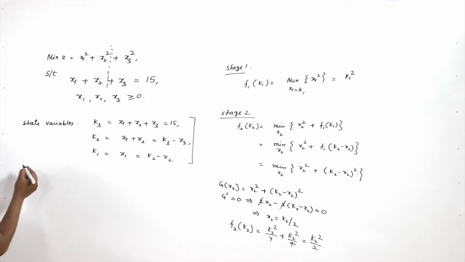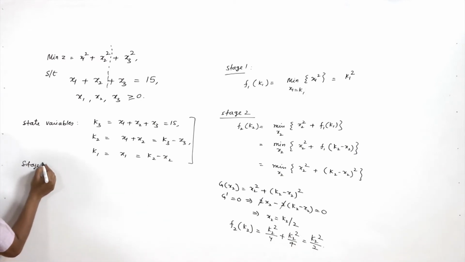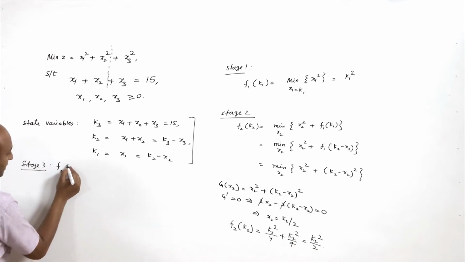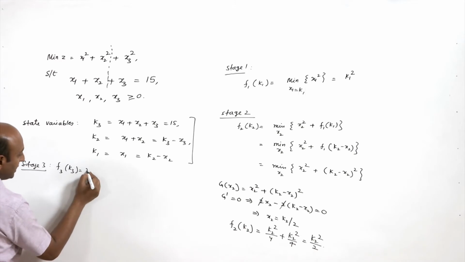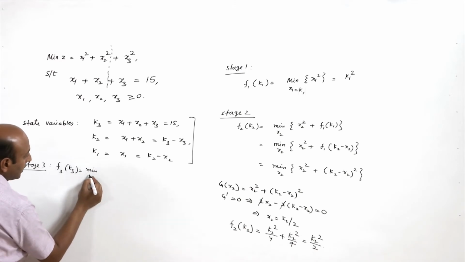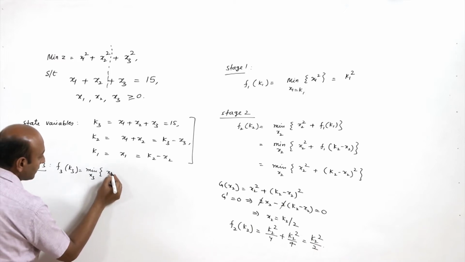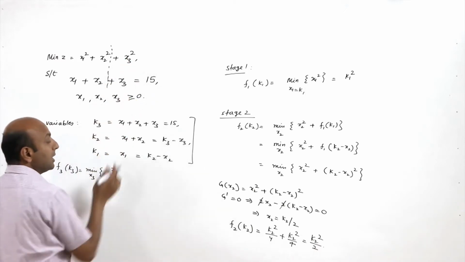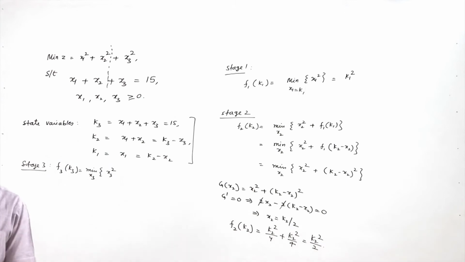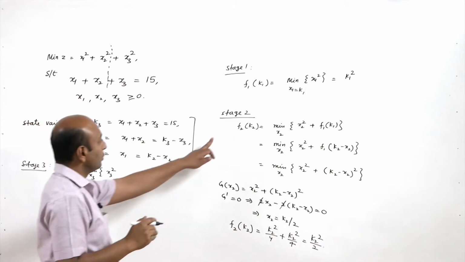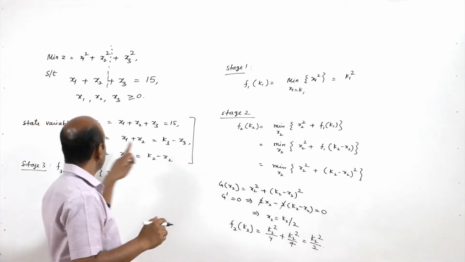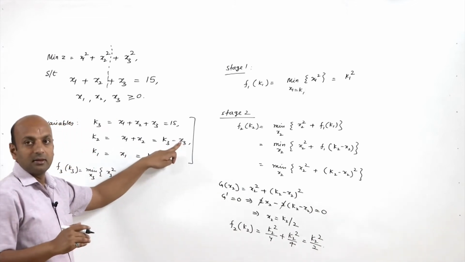Now stage 3, which is the last stage, will be f3 k3, which is the minimum over x3 of x3 square plus whatever we obtained in the previous stage, that is f2 k2, and k2 is nothing but k3 minus x3.